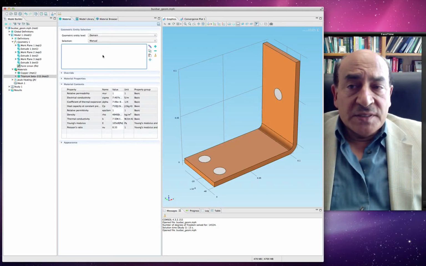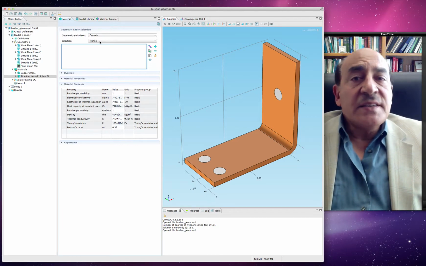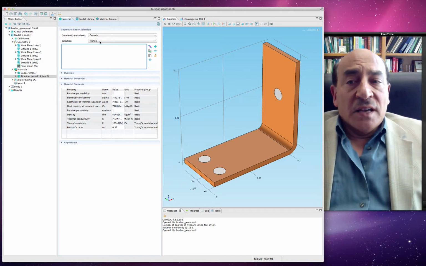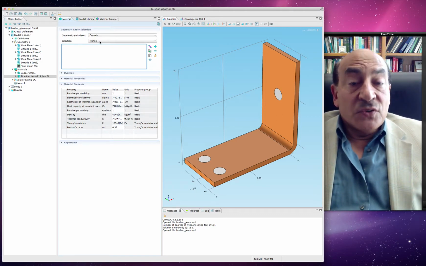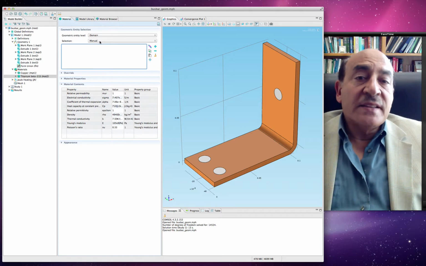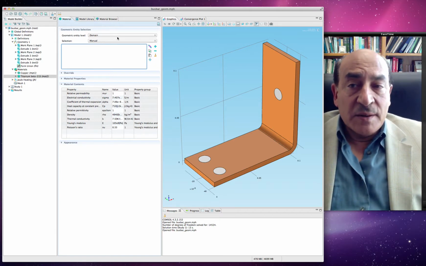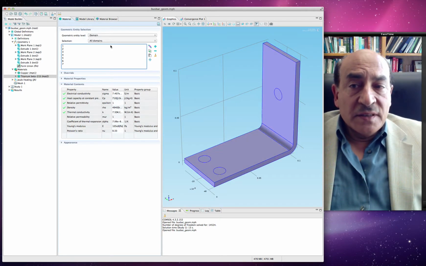And at this point I don't have anything defined. So it says manual. Then the best way, since there are so many domains related to the bolts, that I see is that I'm going to have it defined for all domains, and then subtract the domain that represents copper. So instead of manual, I say all domains, and then I go to domain 1 and subtract that one.